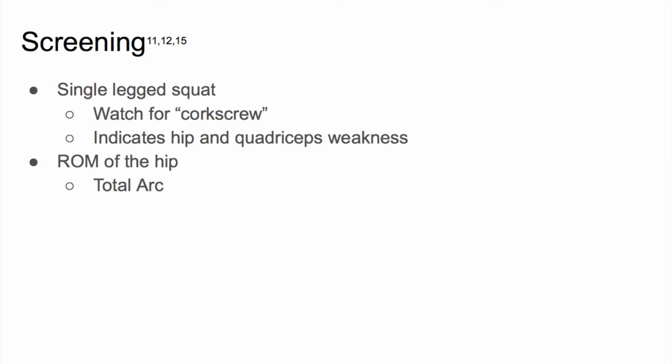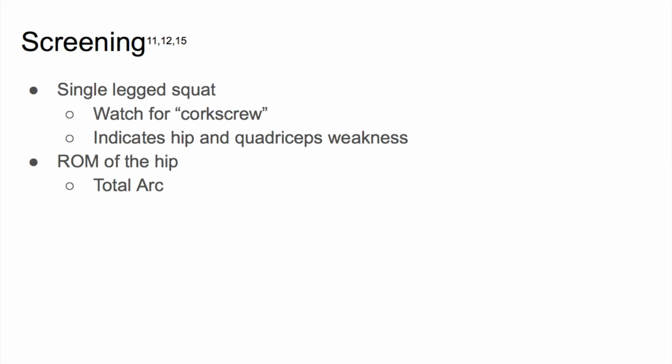So how do we assess these? Simply, in the athletic training room, we can use a single-legged squat to assess for knee extensor weakness and hip weakness.